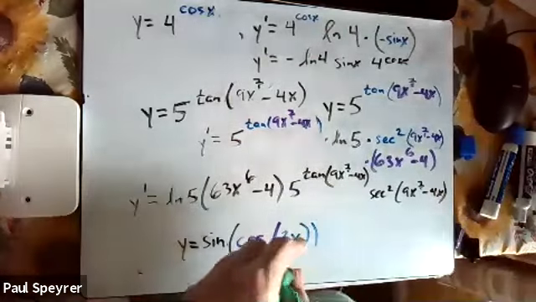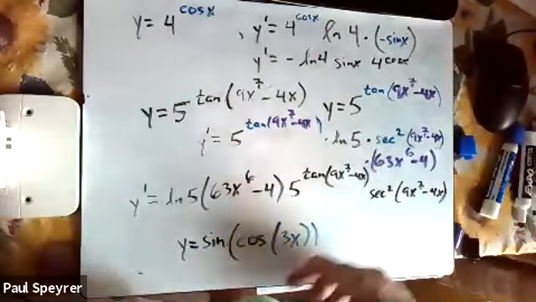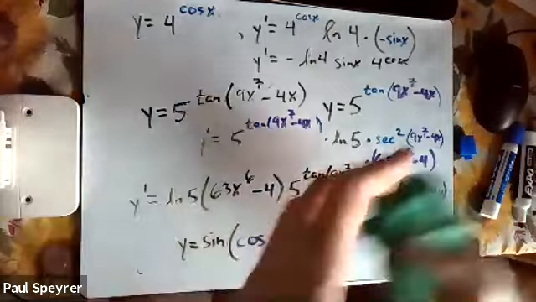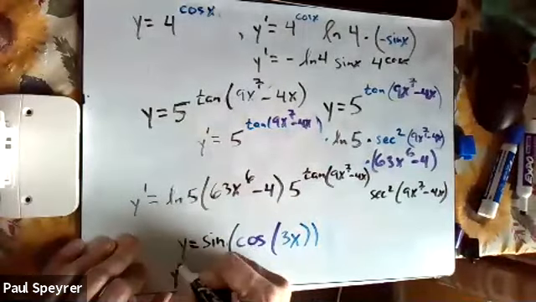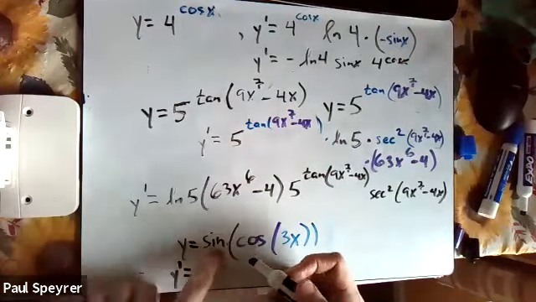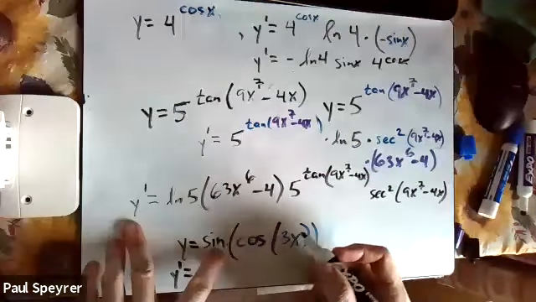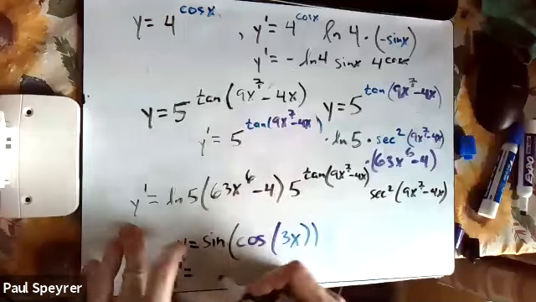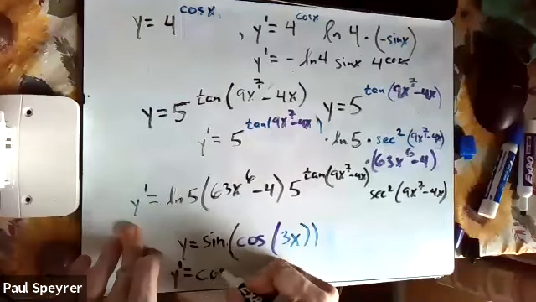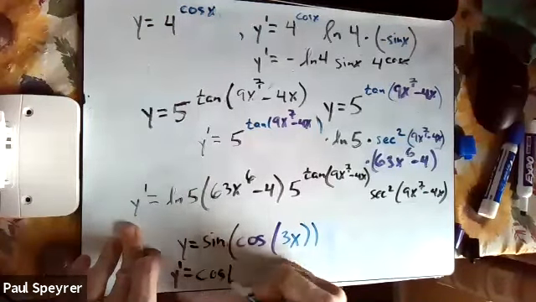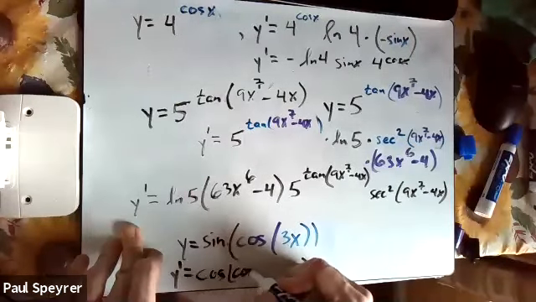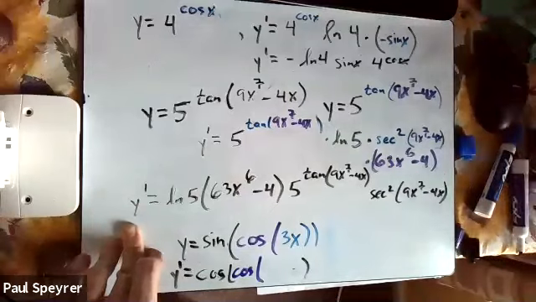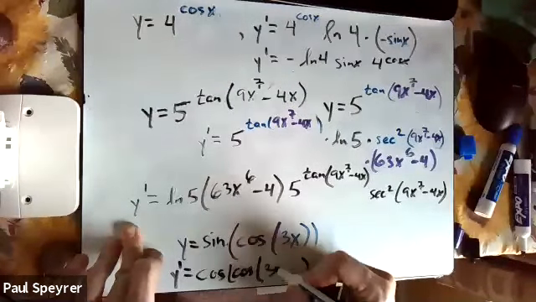So we have chain rule 3 times, right? I have 3 different colors right here. We have the 3x, the cosine, the sine. But again, you start from the outside. So the outside is the sine of x. What's the derivative of sine of x? It's cosine of x, or cosine of whatever. Everything else stays the same, though. This is still cosine, and this is still 3x right here.